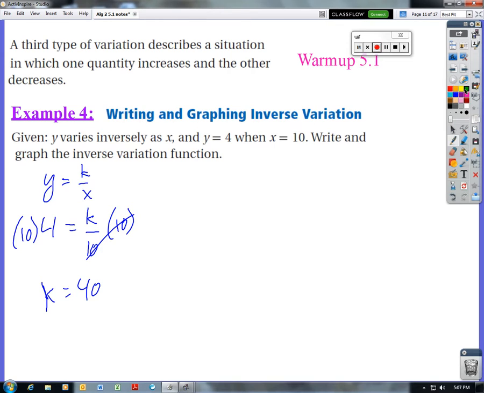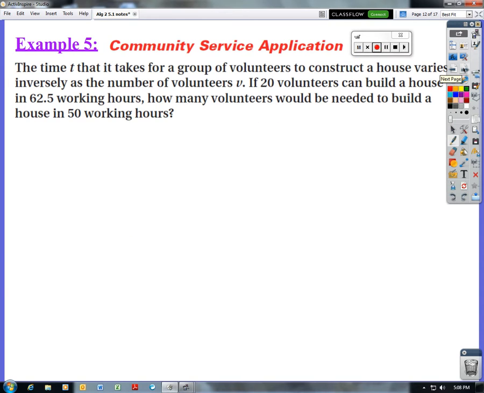So we have the function y equals 40 over x. Awesome. Oh, this was a warm-up, so we technically didn't need to do that one, so I won't graph that one for you. Sorry about that.